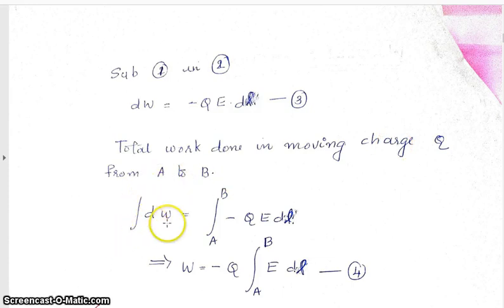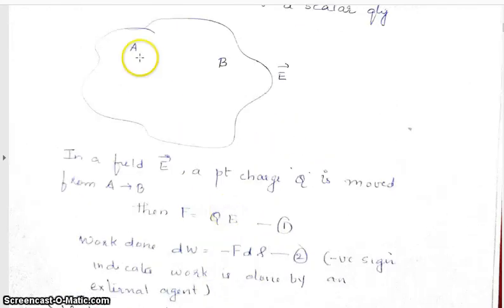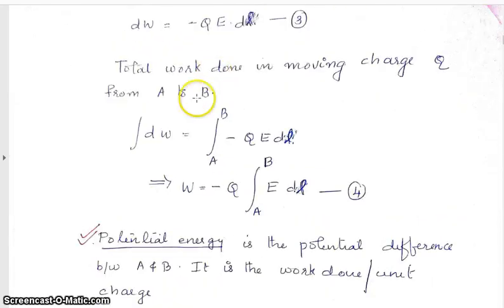So integral dW is equal to integral minus QE dL, and the limit is from A to B, where A is the starting point and B is the ending point of the surface. Here the point charge is moving from A to B. So this is the limit of our integral. So I can write W is equal to minus Q integral A to B E dL, where E is electric field intensity, Q is the charge, and W is the total work done.